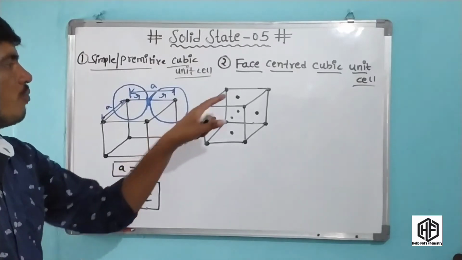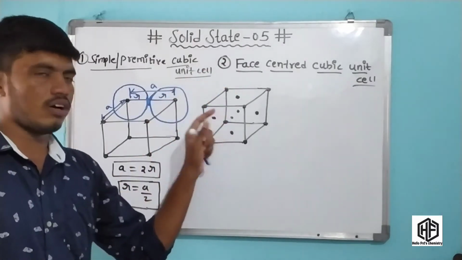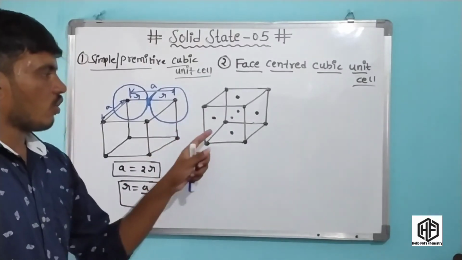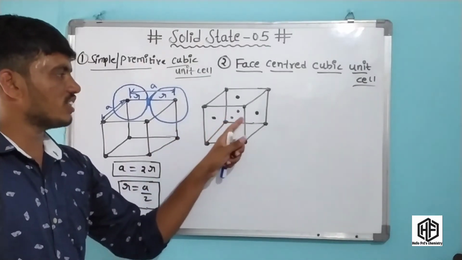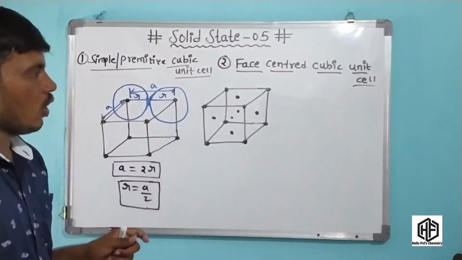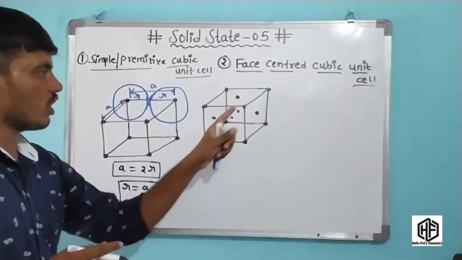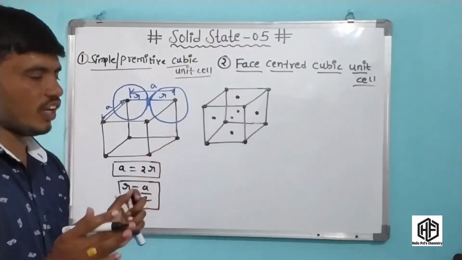These are the 6 faces present in the face-centered cubic unit cell. Now for the relation between the edge length and the radius of the atom, I am going to represent one face, the top face, like this.